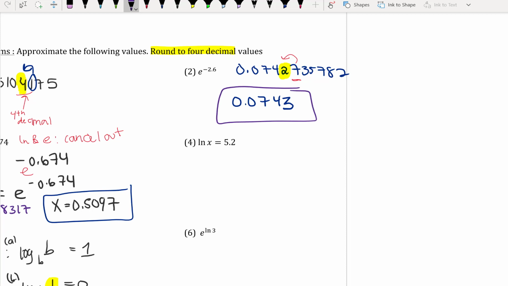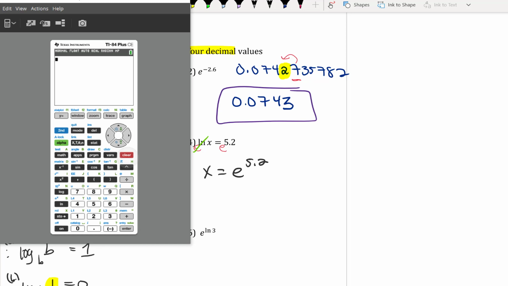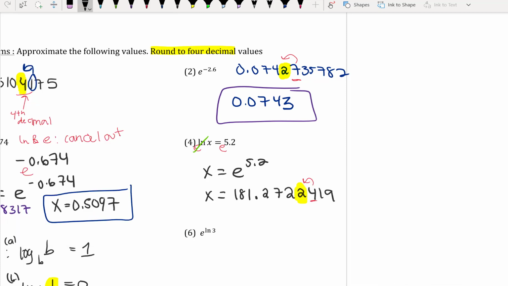For number 4, remember, I have natural log, so the only way to cancel out my natural log is if I were to apply the e property to both sides, so that the natural log and the e cancel. So I have x equals e to the 5.2 power. Now, when I bring up my calculator, I have e being evaluated at 5.2, and this is the value that I got.